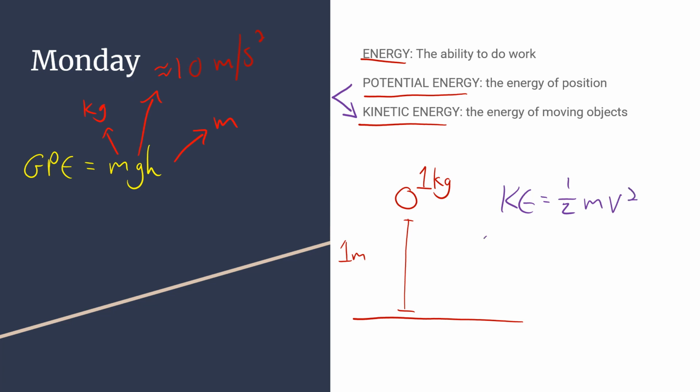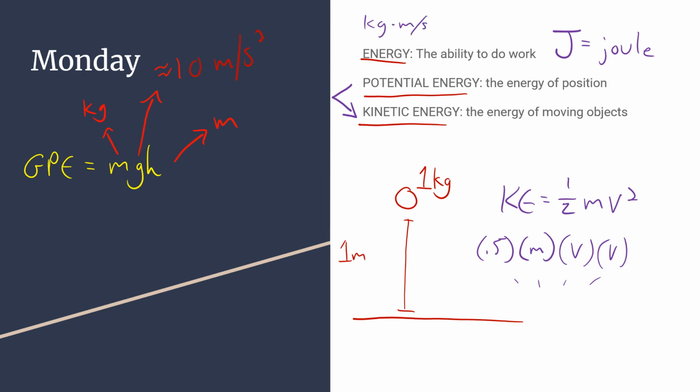To solve this, you're going to multiply 0.5 times the mass times velocity times velocity. You're multiplying 4 numbers together here to get that answer. Whether you're calculating potential energy or kinetic energy, you are always going to express your energy in a unit called joules. And 1 joule is equivalent to 1 kilogram accelerated 1 meter per second squared.